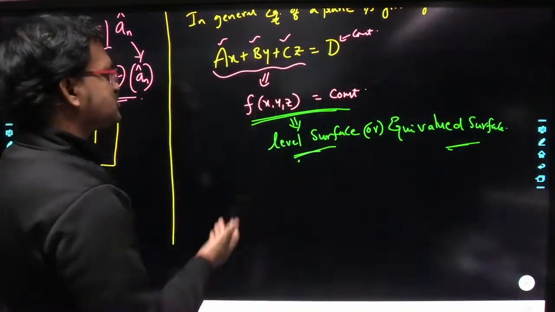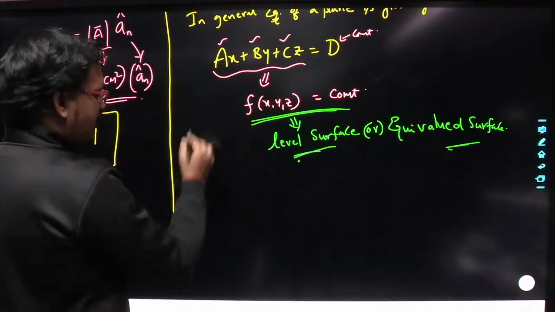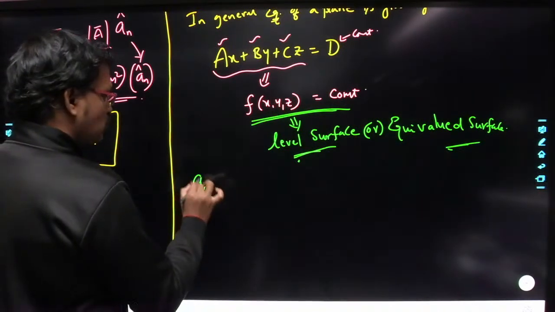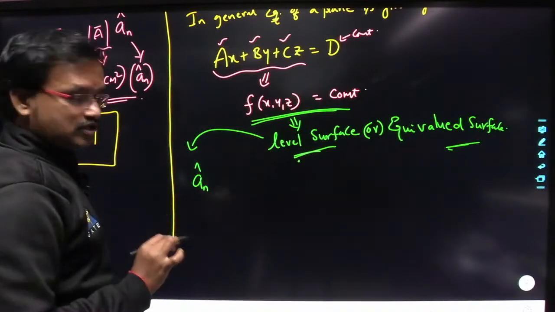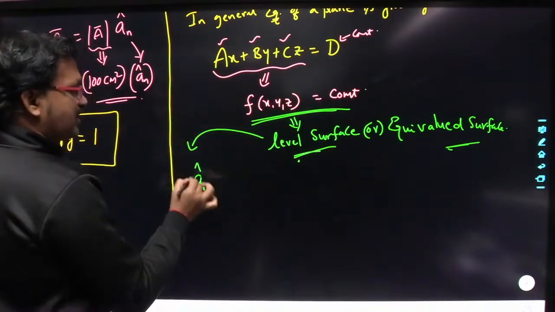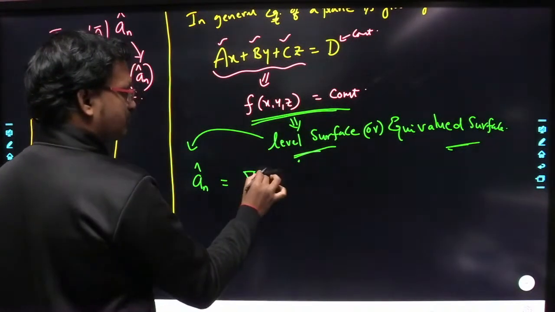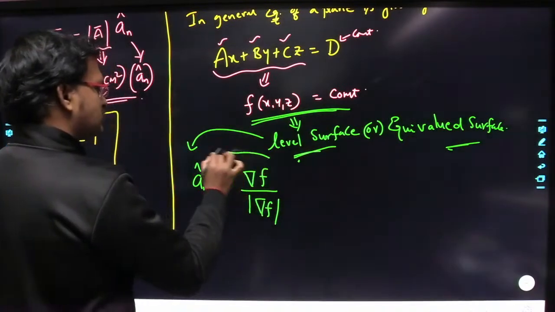For this type of surface, if you want to determine the direction, the direction of the surface is given by what? See, this is only for an equivalued surface or level surface. Understood? In this case, the direction of the surface is given by the gradient of f divided by the magnitude of the gradient of f. This is the method you can follow.